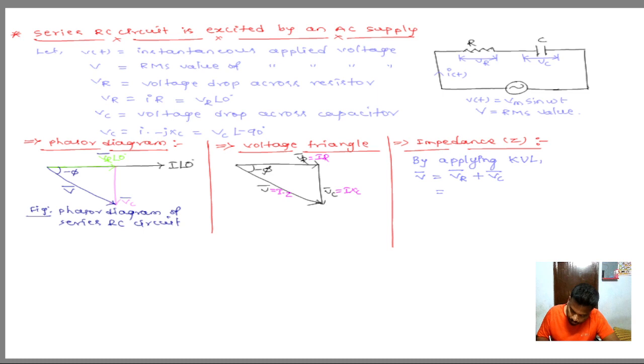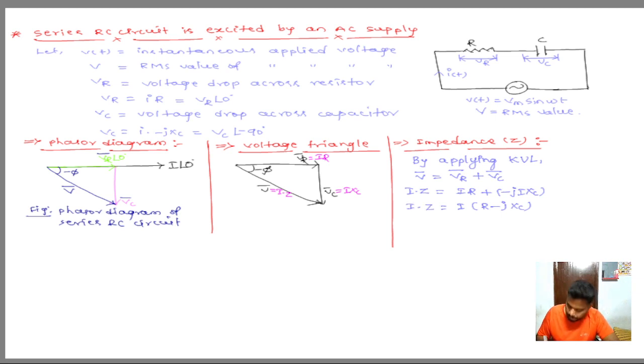We know the total applied voltage V is equal to IZ, VR is IR, and VC is minus jIXC.